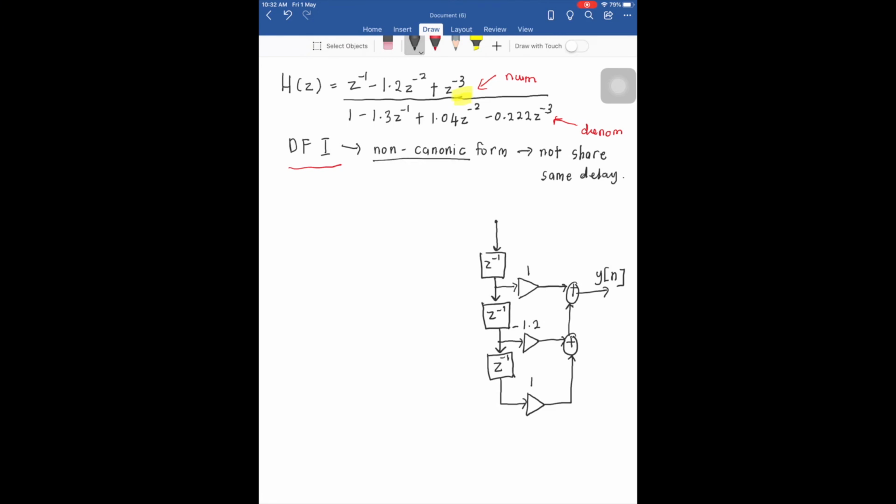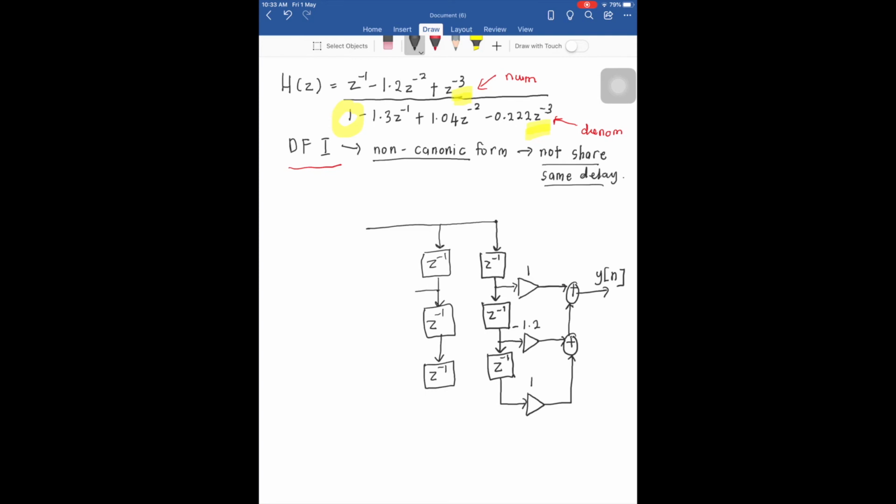Let's start with the denominator part. It is non-canonic, meaning it does not share the same delay. For the denominator, we again have 3 delays, because the highest degree is z minus 3. We have the first, second, and third delay. We start with 1, which is a straight line.